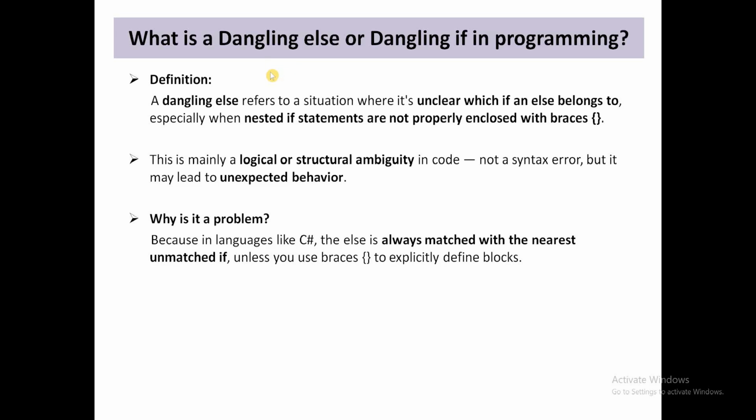Next we have the dangling else, or dangling if, in C# programming. So what is this? A dangling else refers to a situation where it's unclear which if an else belongs to, especially when nested if statements are not properly enclosed with braces. Suppose we are using if else conditions and also implementing nested if conditions.